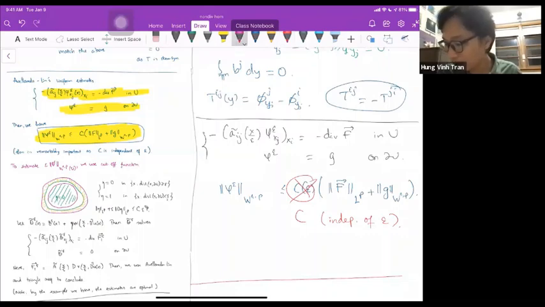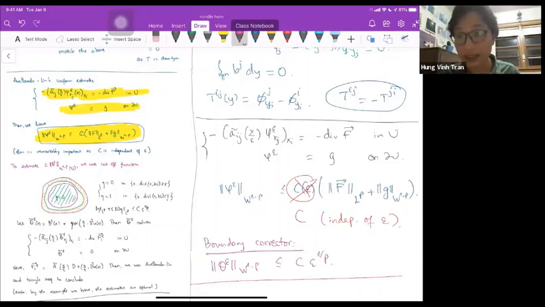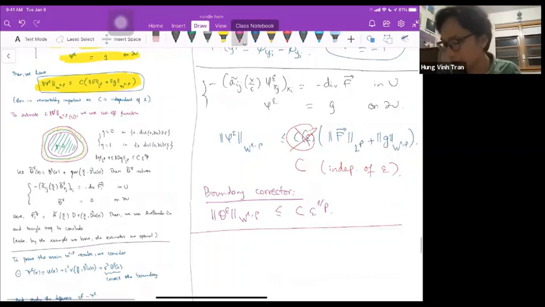So we can prove that for the boundary corrector, again, we didn't do homogenization, but we get that the estimate in W1P is less than C times epsilon to the power 1 over P. And I think in section 4.2, in the paper with Sprackle and myself, we give an example to show that this epsilon to the power 1 over P is optimal.